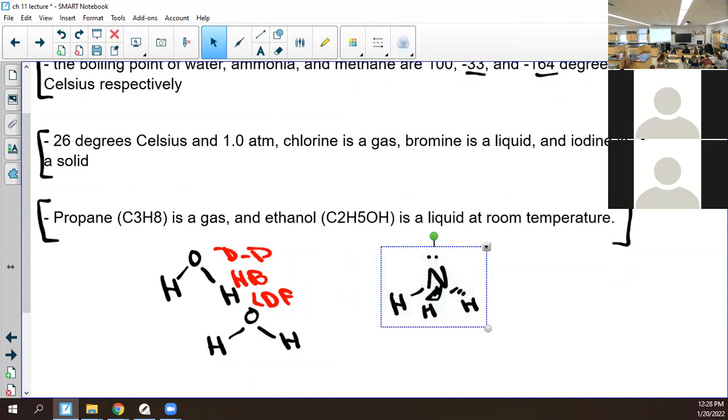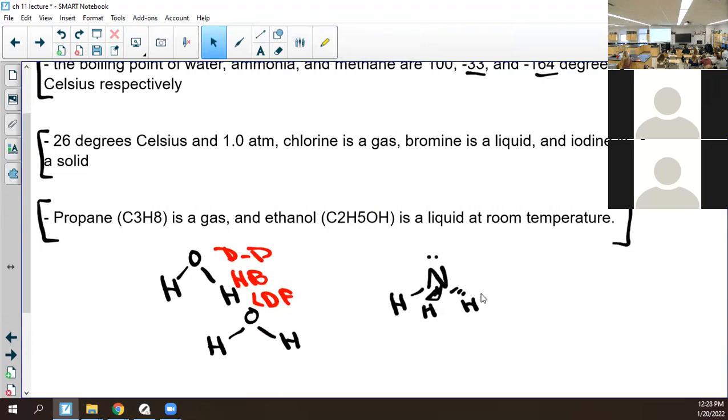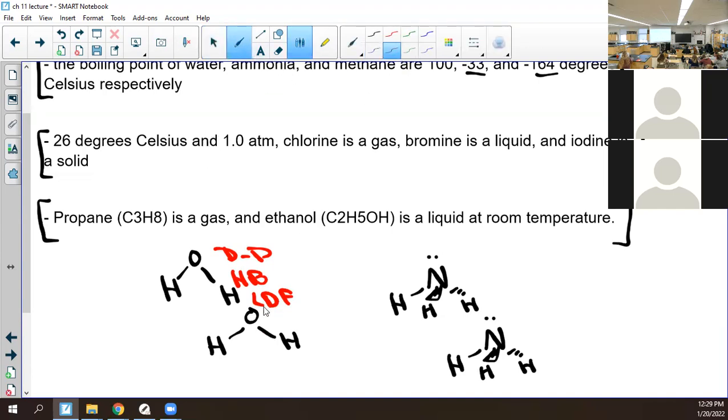I've done better for sure. In ammonia, what do I have? Is ammonia polar? Yes, it is. You would know the structure for sure says it's polar, right?